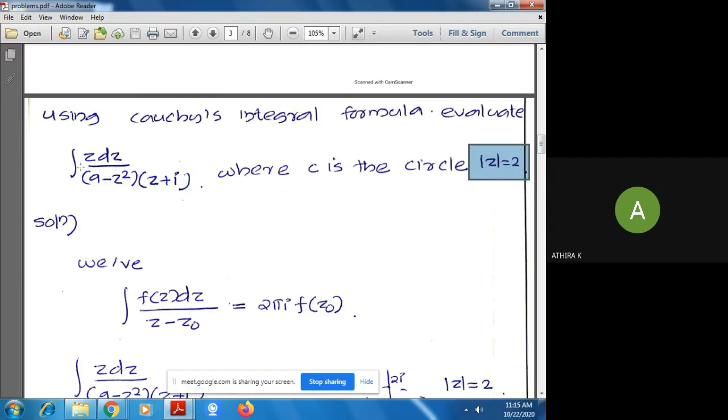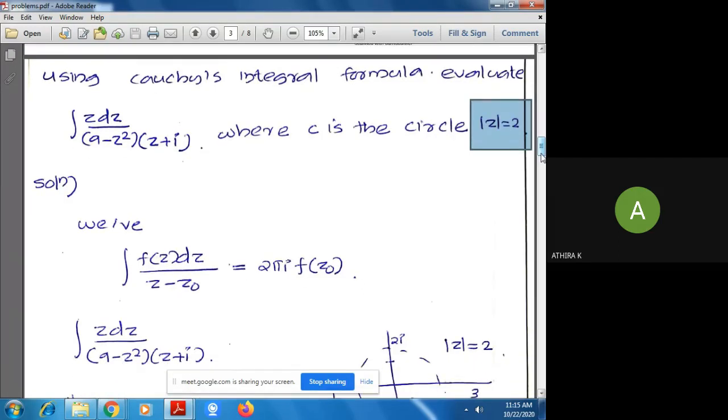First, we check the singularity of the given function and check whether the singularity lies outside or inside the given circle mod z is equal to 2, and compare with the Cauchy's integral formula and conclude the value. Please try to solve. I will give you 5 minutes. Please try to solve these integrals.